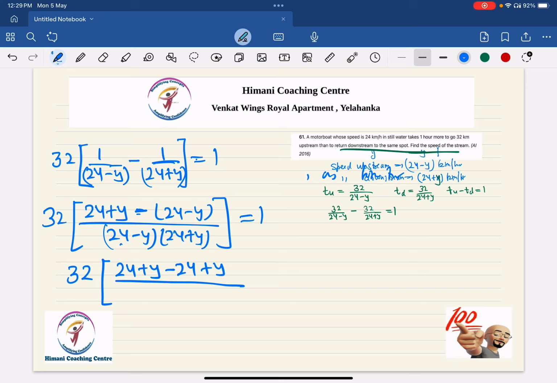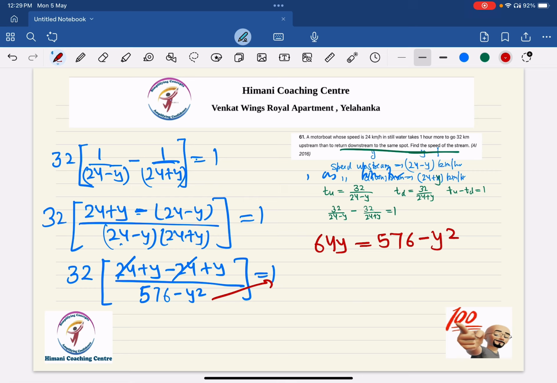A minus b into a plus b is a square minus b square. 24 square is 576 and minus y square, which is equal to 1. So this 24 and 24 cut each other. 2y into 32 will become 64y. This gets cross multiplied and we get equal to 576 minus y square.